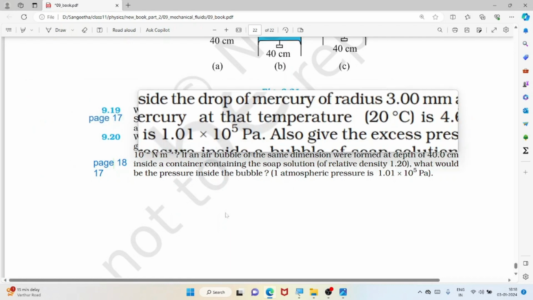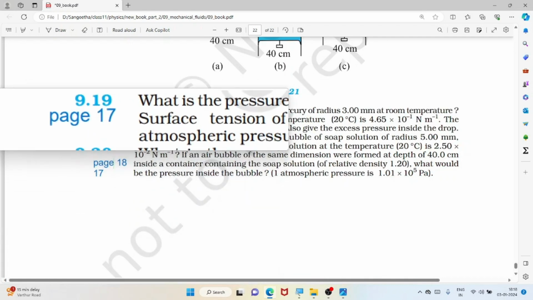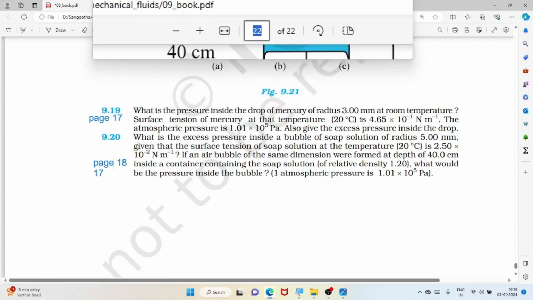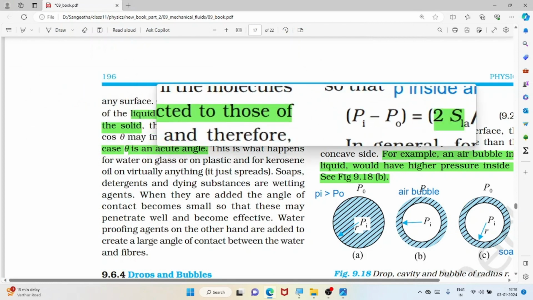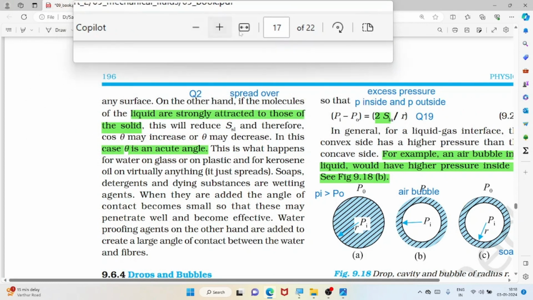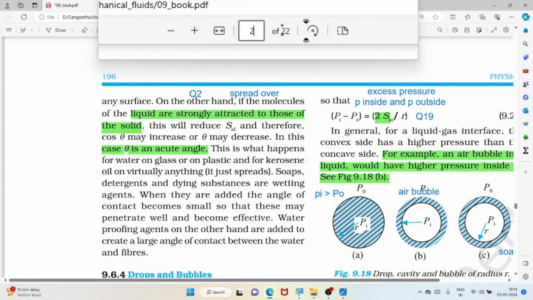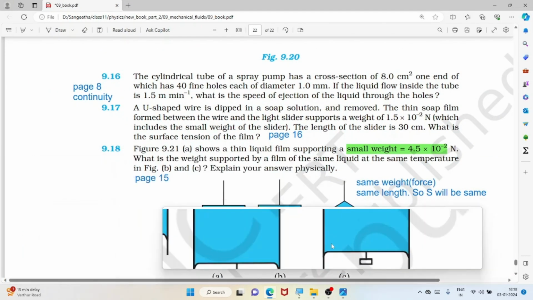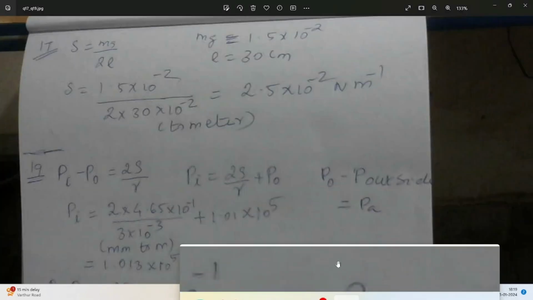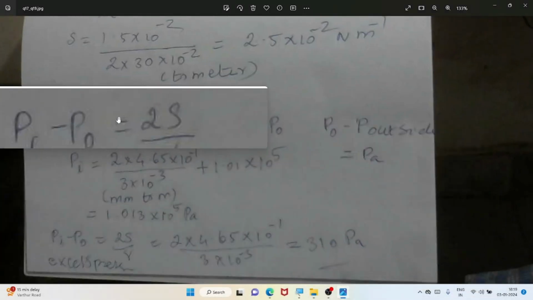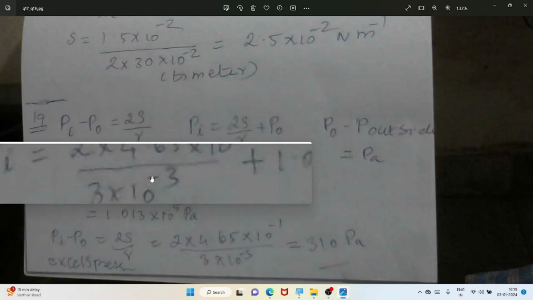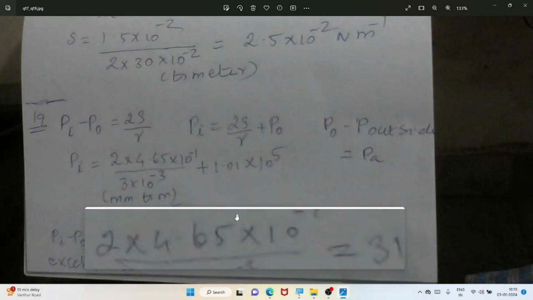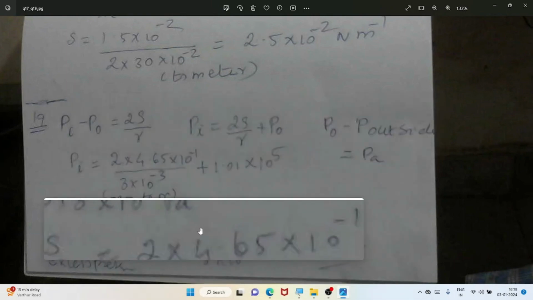Excess pressure, okay, excess pressure is 2S by R. I already showed for the mercury it is 2S by R. This is the pressure difference 2S by R, where S is the surface tension and then the R. The P inside is 2S by R plus P outside.